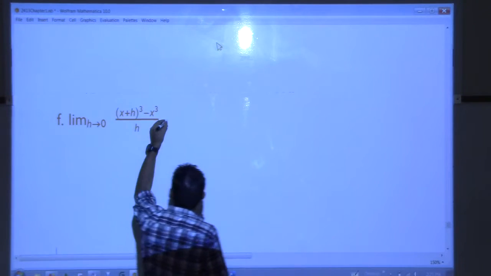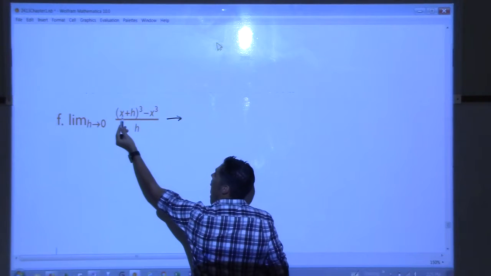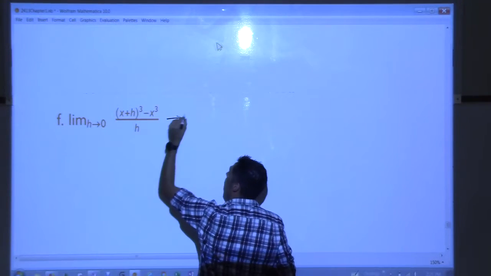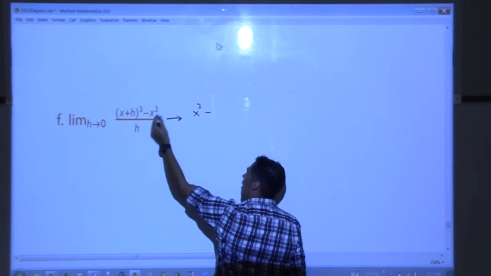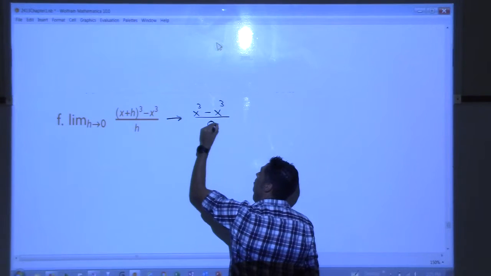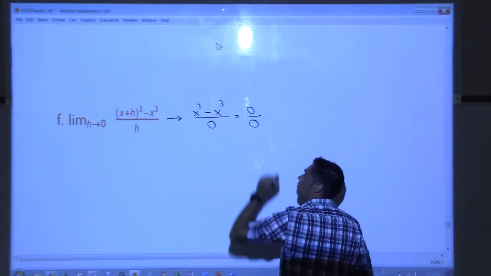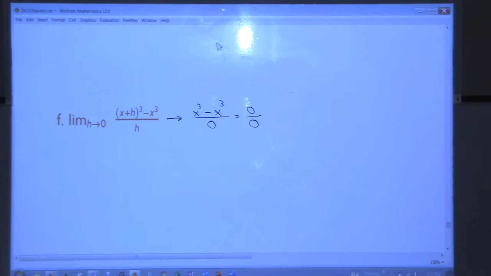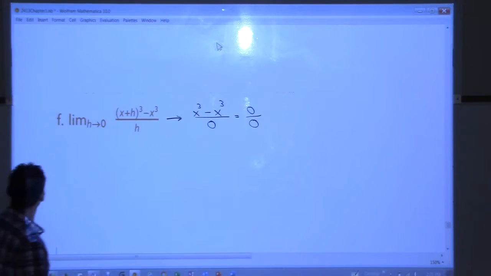So what happens when h goes to 0 here? x plus 0 is still x, right? x cubed minus x cubed all over, if h is 0, then that's 0. So aren't we still getting 0 over 0? We still get 0 over 0. All right. So you've got to do some algebra.